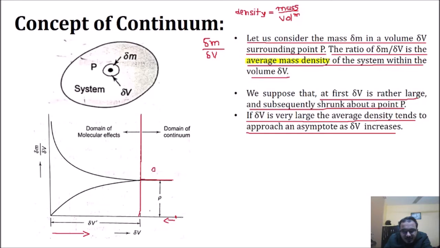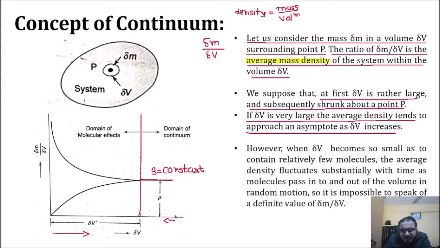So here rho is remaining constant beyond one point.